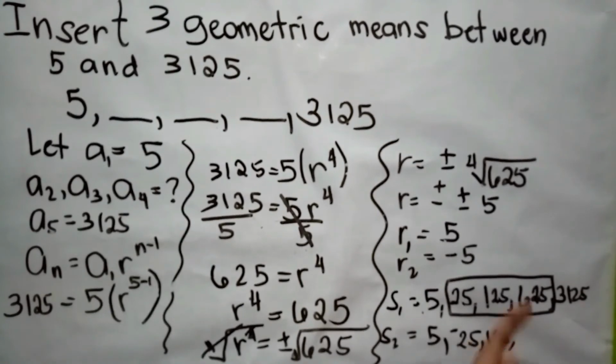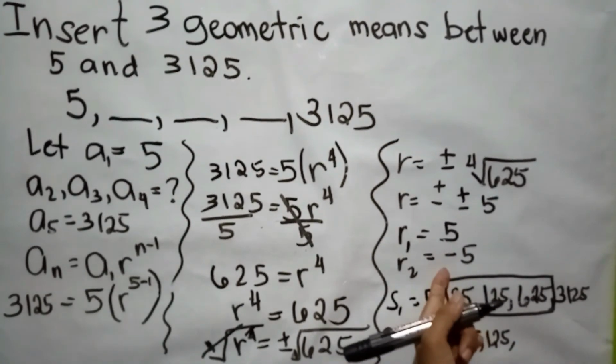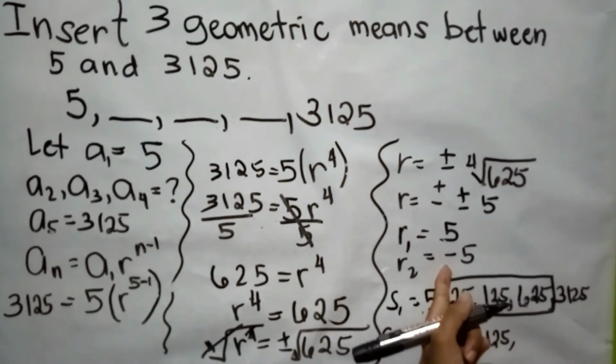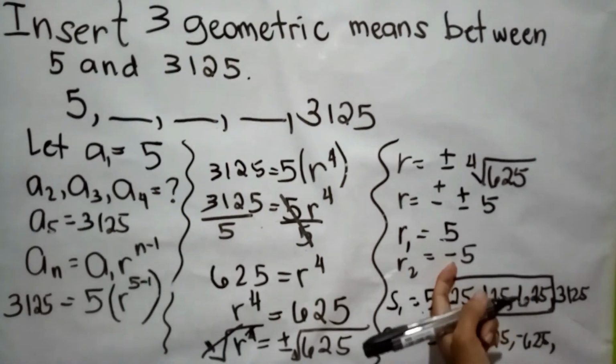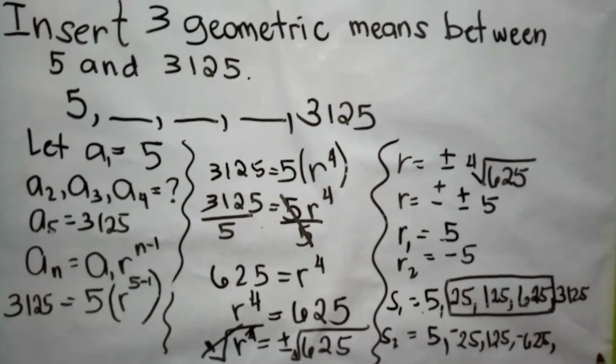Then 125 times negative 5, different signs, so that is negative 625. And then negative 625 times negative 5, so we have 3,125. So these are the geometric means when r is equal to negative 5.